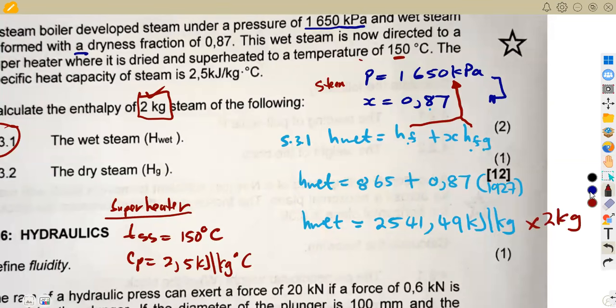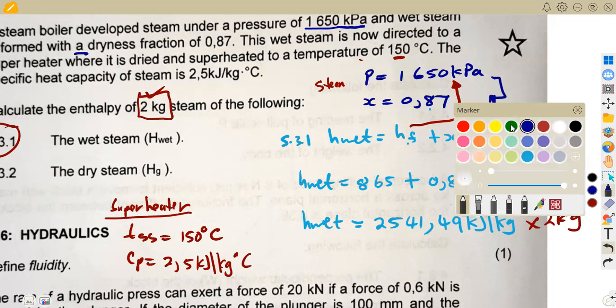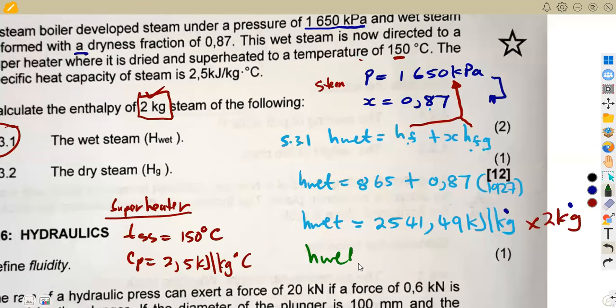The moment you multiply by 2 kg, the kg is no longer there. The kilojoule and the kg, they will cancel. So you just multiply 2 times the whole of this value.